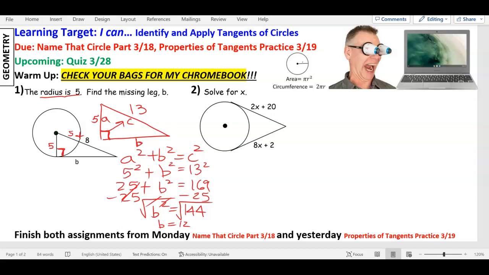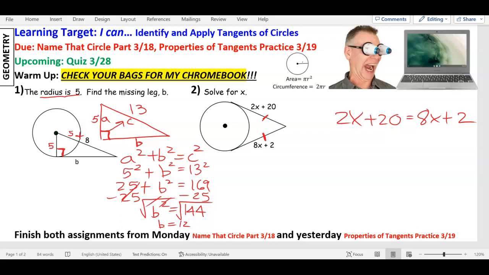We also did one like number 2 here. What if you have two tangents that are touching? Well, we said if you have two tangents touching, they are congruent segments. Put tick marks on them. And if they're congruent, we set them equal. So 2x plus 20 equals 8x plus 2. Could you solve that equation when x's are on both sides? Okay.